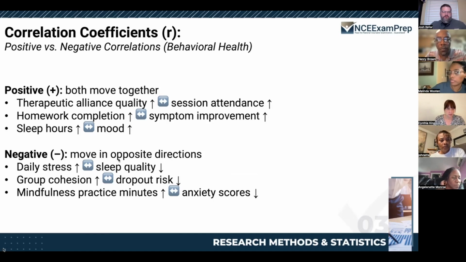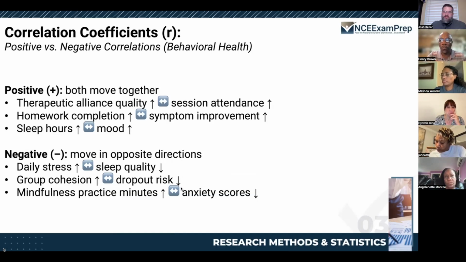Negative correlations move in opposite directions. So as daily stress increases, sleep quality decreases. If you're talking about group work, as group cohesion increases, the risk of dropouts in the group decreases. Those are negatively correlated. As mindfulness practice minutes increase, anxiety scores decrease.